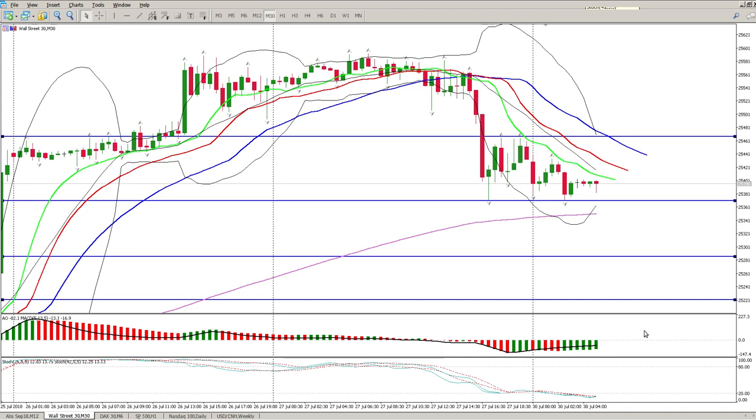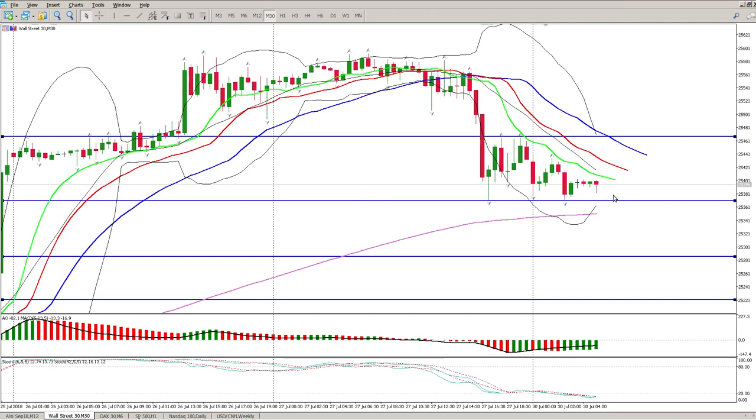So we have divergences, we have the oscillators grouped to the downside, we have a Bollinger squeeze coming into play. I have a pin bar here, and we also have an inside bar there, and another inside bar here. So I have three signals on a level indicating a move to the upside.